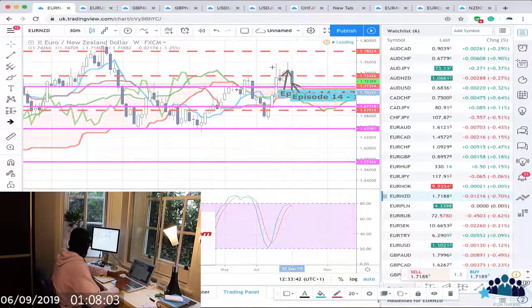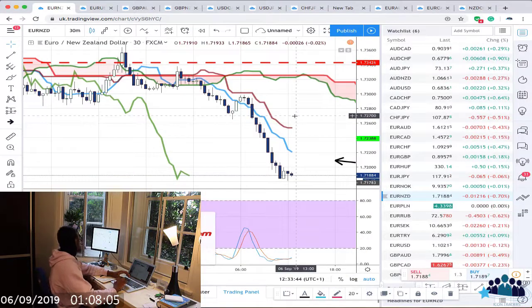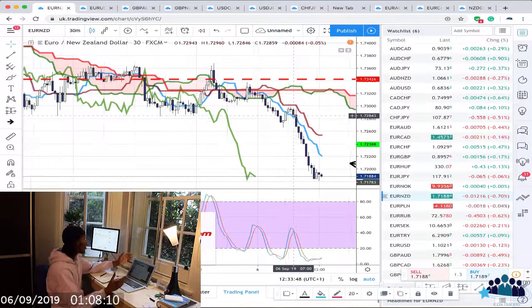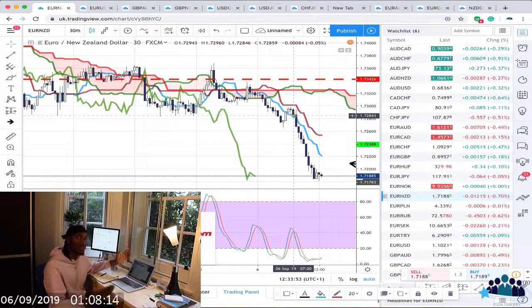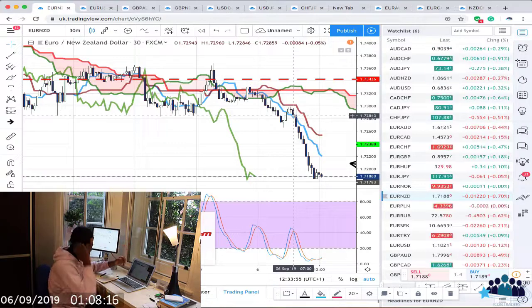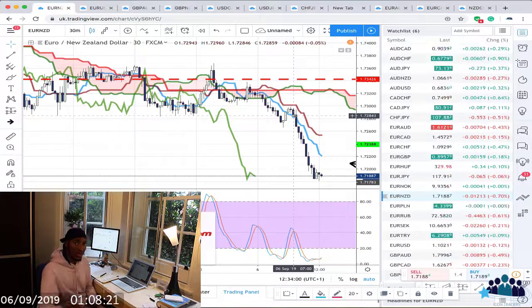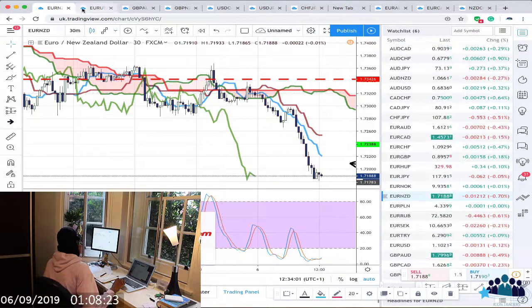Let's go into the 30-minute chart and show you this very quickly. Okay, so right here, as I said in the last episode, it is not the time to be buying it, although it is time to be watching it and watching for that crossover to the top side. As soon as that does happen, place your trade, make your money, you're welcome. Let's move on to the next trade.